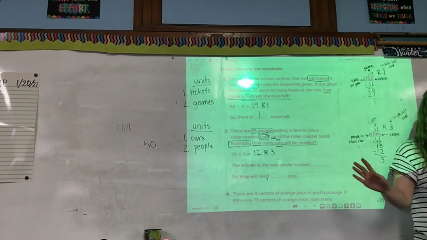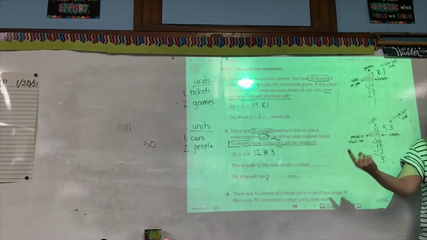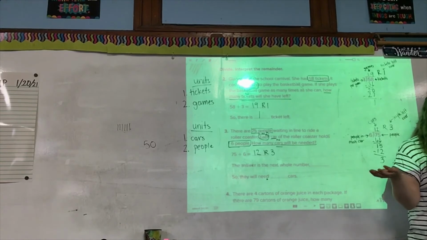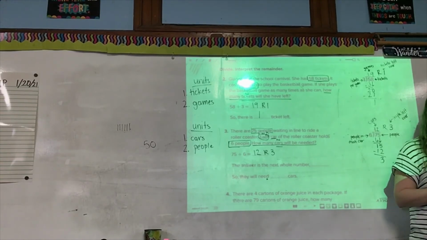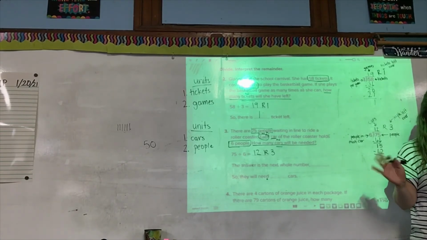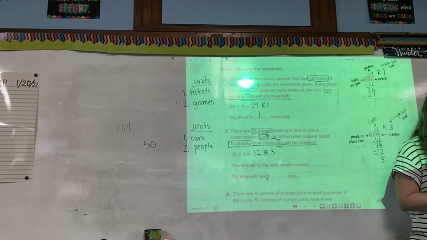We can only have full roller coaster cars here. No, we just add 1 more car. Does it have to be full? No, because in real life, are they going to say you can't get on because this roller coaster car isn't full? No. I mean, there are some rides that are like that, but most rides are not. They're just like, okay, yeah, here you go. You get a half-empty car. You get more room.